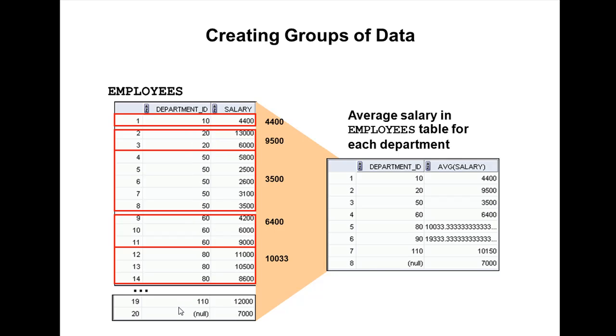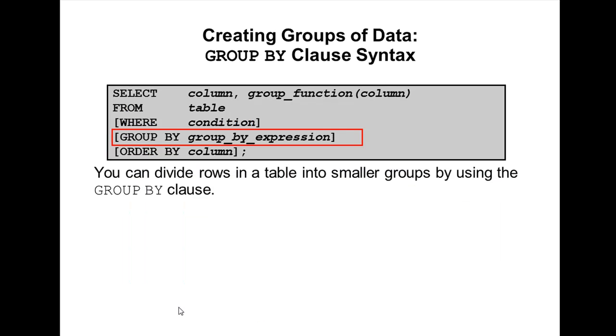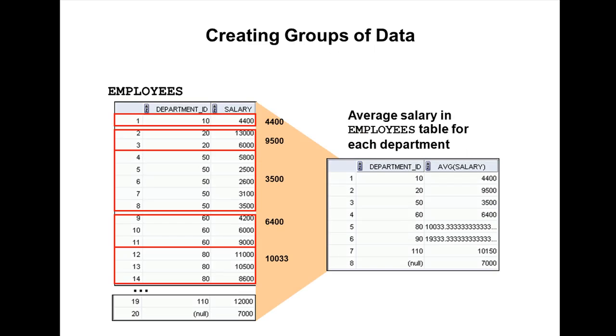So we can use the group by clause to divide the rows in a table into groups. Then we can apply group functions to return summary information for each group.